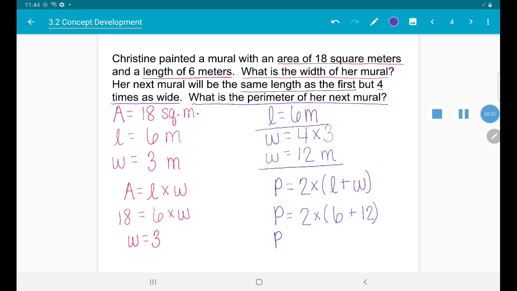So to find the perimeter, I'm going to do 2 times 6 plus 12. I need to add those two numbers together first since they're in the parentheses. That equals 18. And 2 times 18 is equal to 36. So the perimeter of her next mural will be 36 meters.